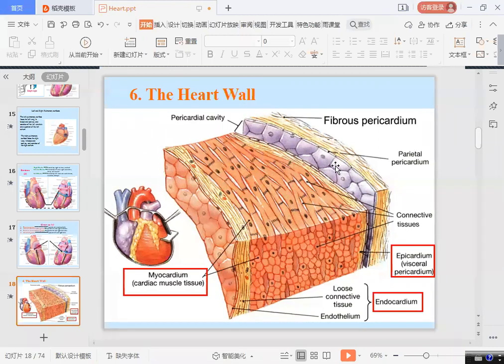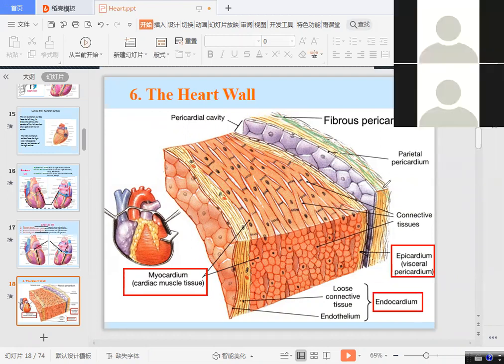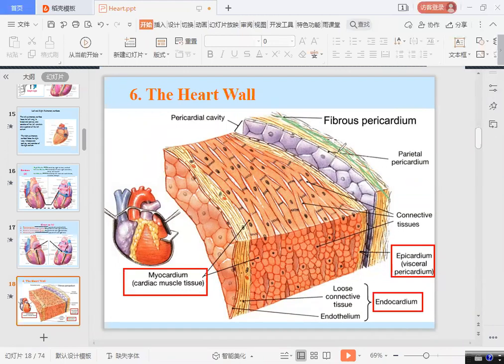The outermost structure of the heart, when we see the cross section of the heart wall, is the pericardium. What is pericardium? It is the covering of the heart. And the pericardium has fibrous and serous layers. Just wait, I will explain in detail.